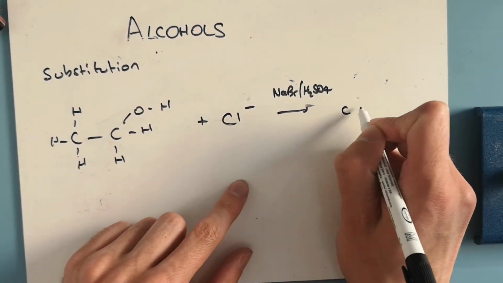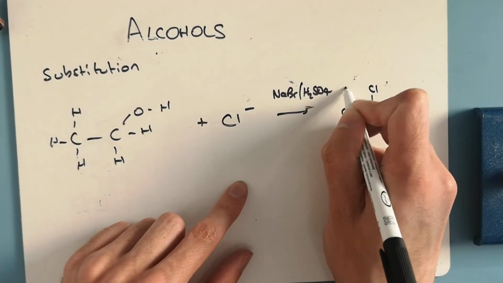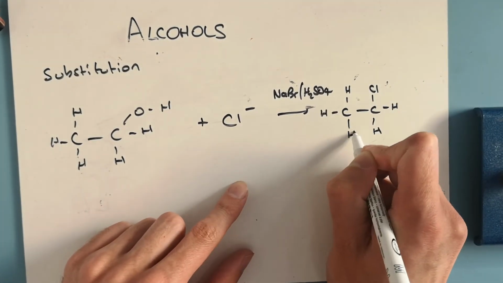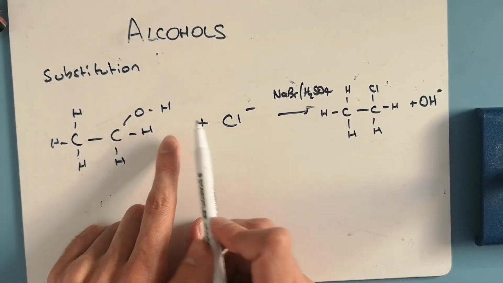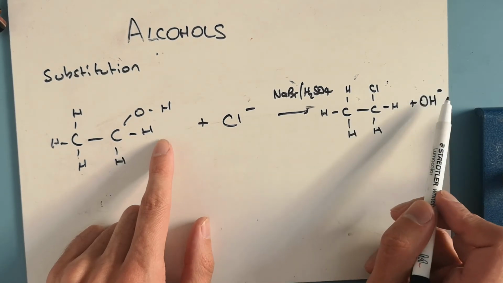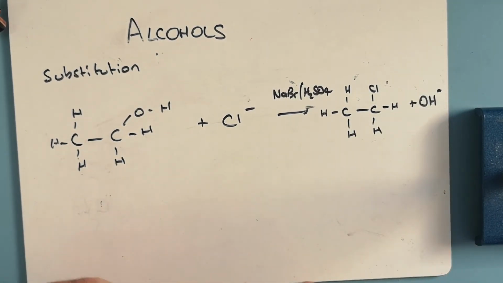So we get a haloalkane where the Cl goes where the OH was, and the OH comes off, and now that's got to be OH minus. We had a negative on this side, so I'll need to balance that by having a negative on this side. So we get the hydroxide ion given off, and they've just substituted around.